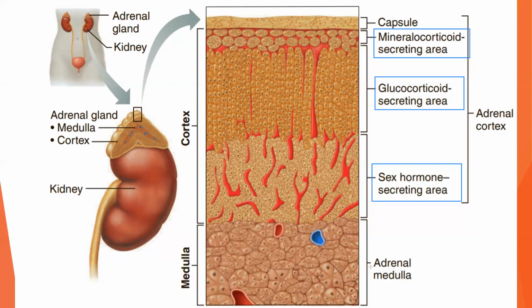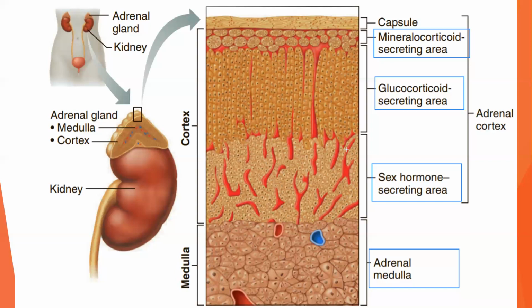Let's proceed to the hormones produced by your adrenal medulla. Can somebody from the group give us the hormones produced by your adrenal medulla? You are correct. We have your epinephrine and your norepinephrine.